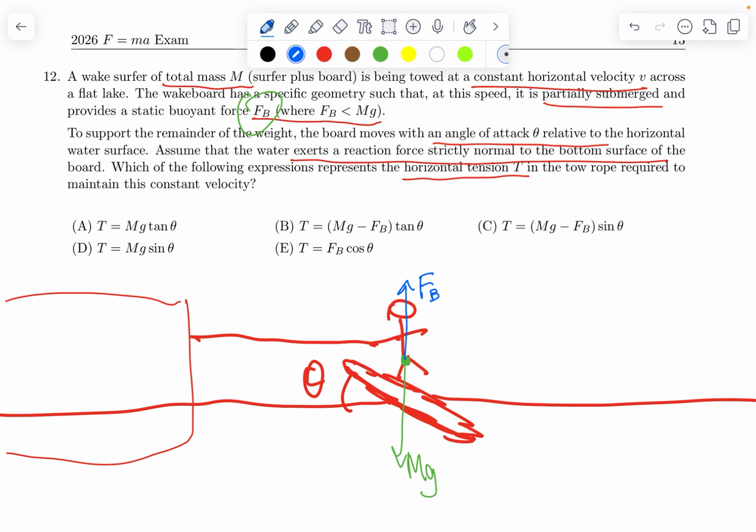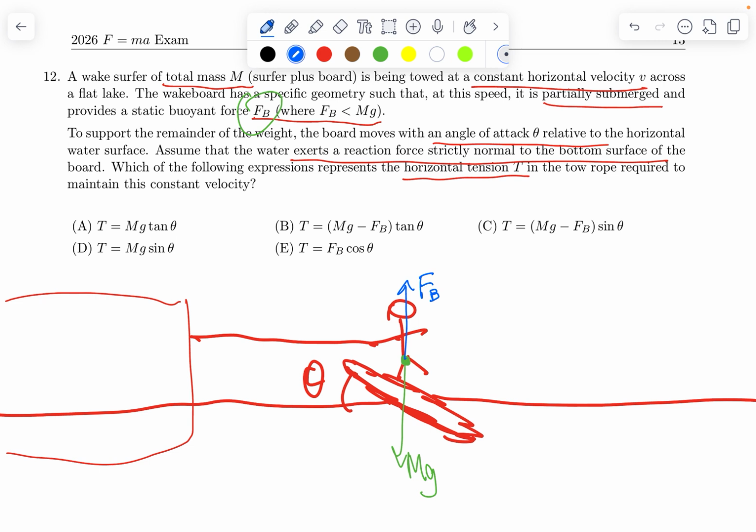The reason is that it's submerged in water, so it wants to go to a lower density. So to support the remainder of the weight, the board moves.